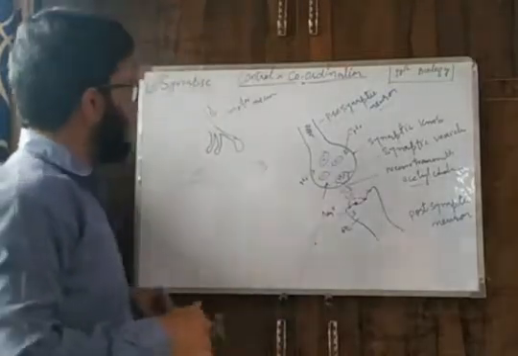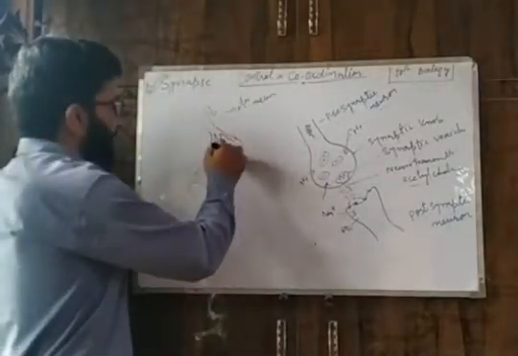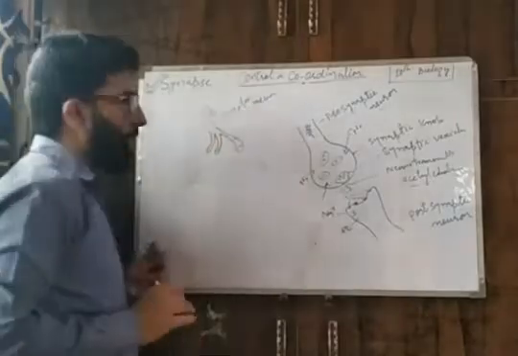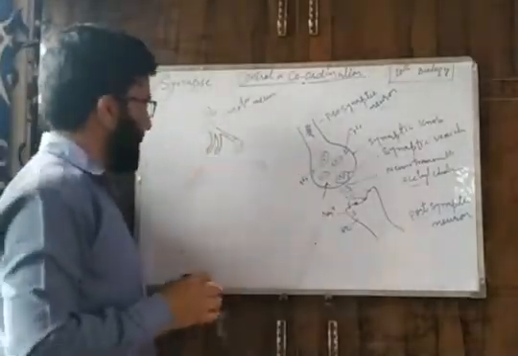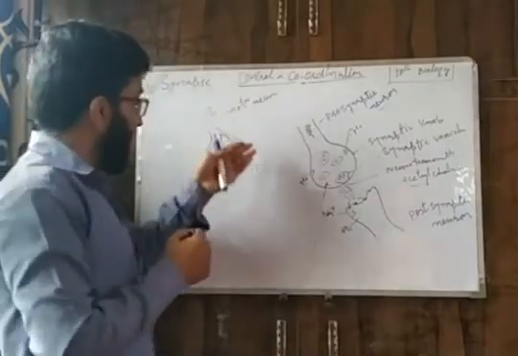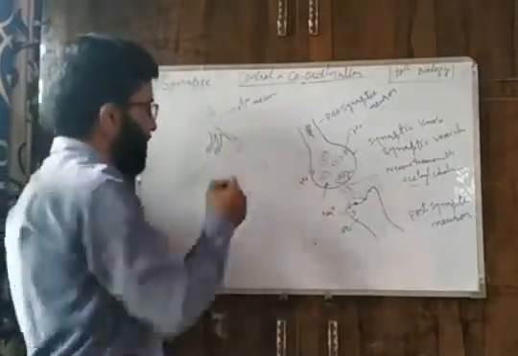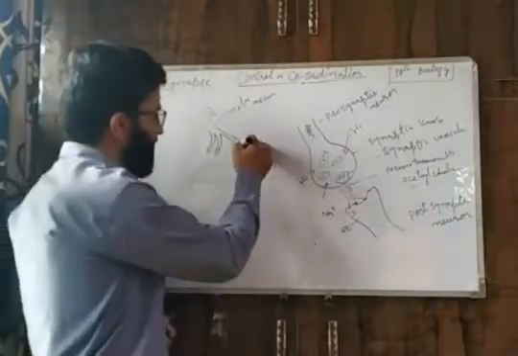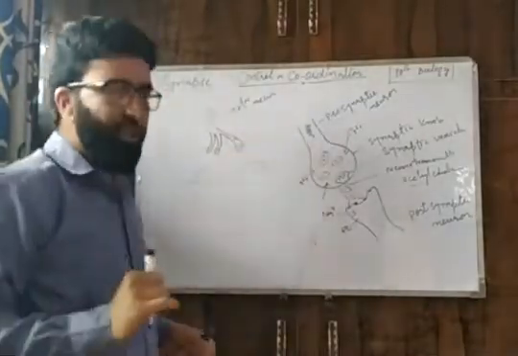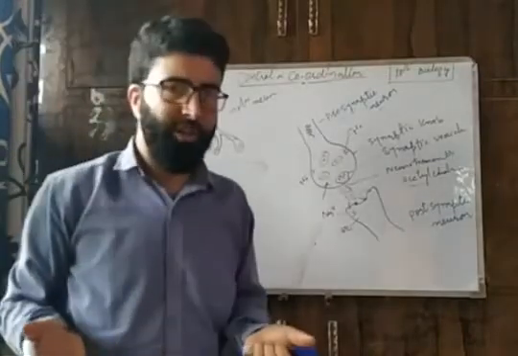Now what happens when this motor neuron brings the nerve impulse from the brain? When it reaches the muscle, here is also a gap. Then what happens here? When it reaches the muscle tissue, it releases the neurotransmitters.